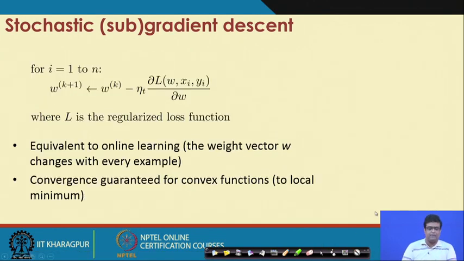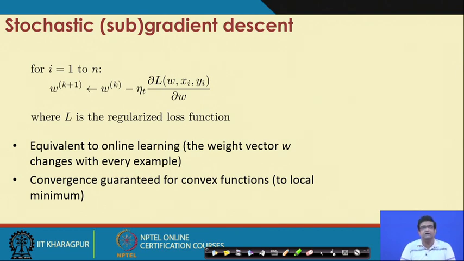Now, this is the update. You can iterate over all the examples, so your iterations are now divided into epochs. One epoch is when you have iterated over all the examples, and then you can do multiple epochs also, in random order. We will come to how to practically implement SGD and how things work practically.